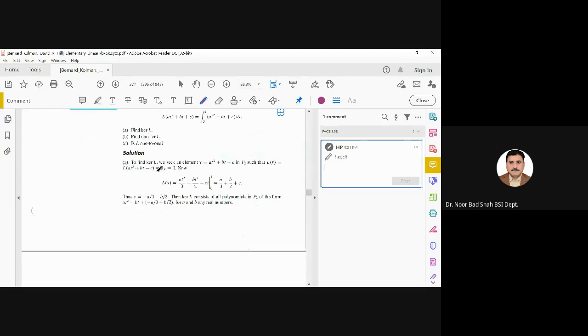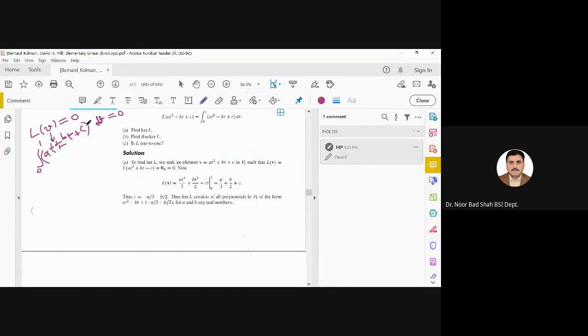L is defined as the integral from 0 to 1. Let me do that. L of V is equal to 0, and V is obviously a polynomial, so that is the integral from 0 to 1 of (at squared plus bt plus c) dt, equal to 0.